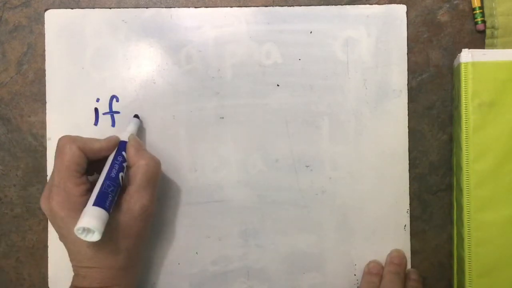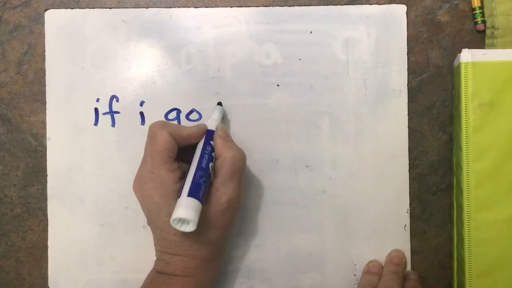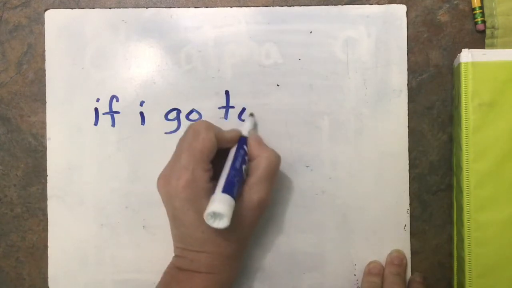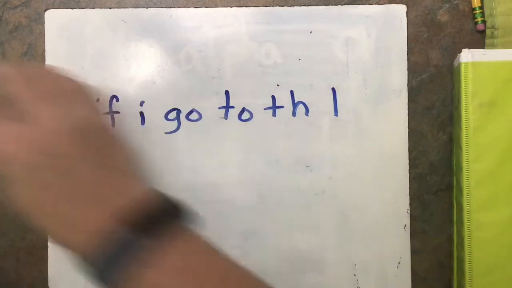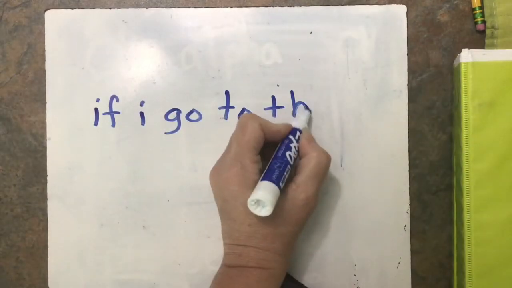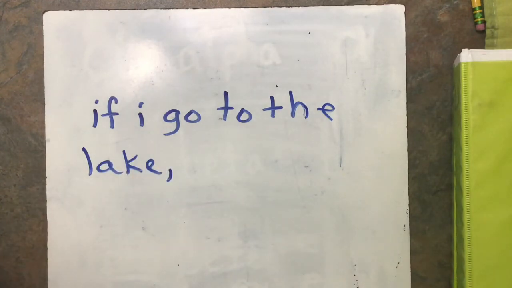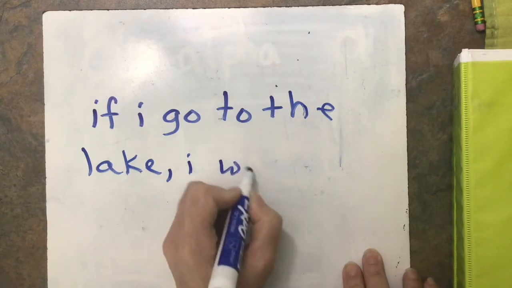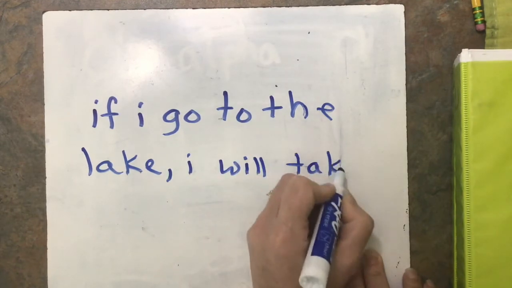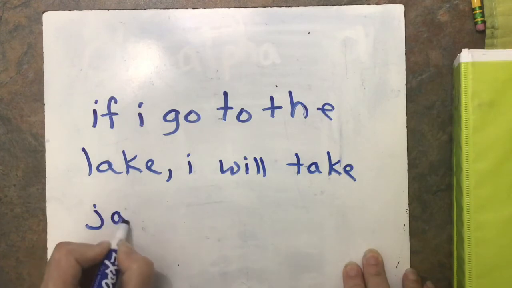All right, our last thing that we're going to be learning is we're going to be taking a look at some capitalization rules. And so let's take a look at this sentence. If I go to the lake, comma, I will take Jane.